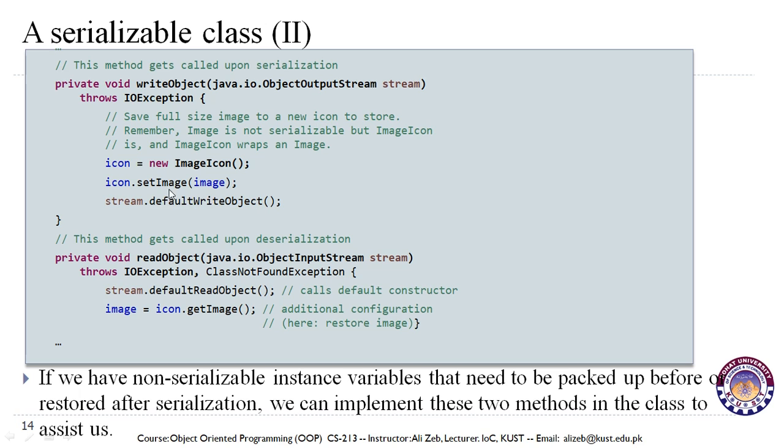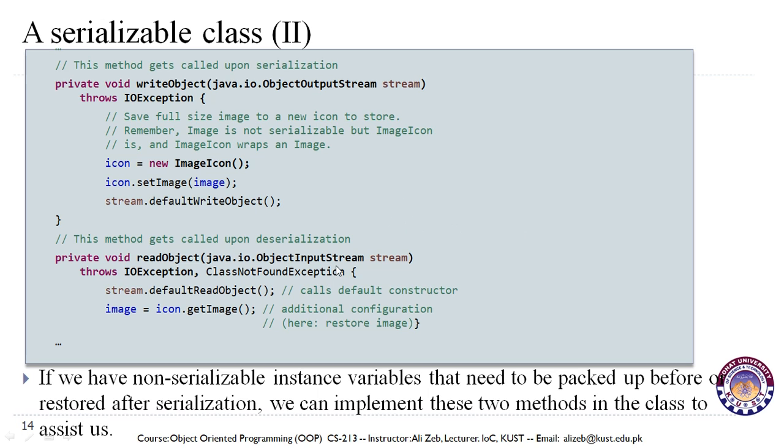As we can see here, we can call the setImage method of the ImageIcon class and store it in the icon variable, an object of the ImageIcon class. Then if we need to read the image, this method gets called upon deserialization. In this process we deserialize the image from the icon into an object of the Image class. And we need to remember to handle the exceptions here.